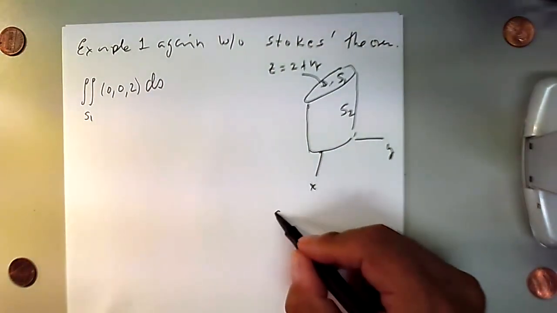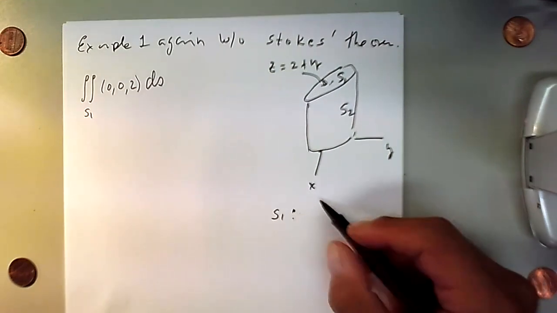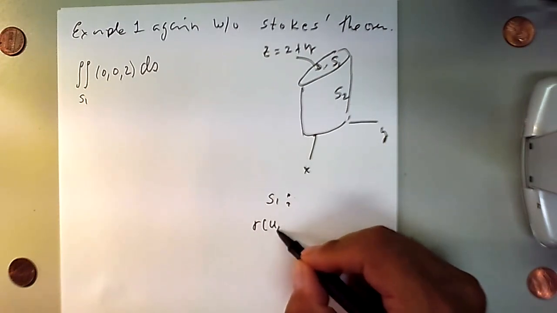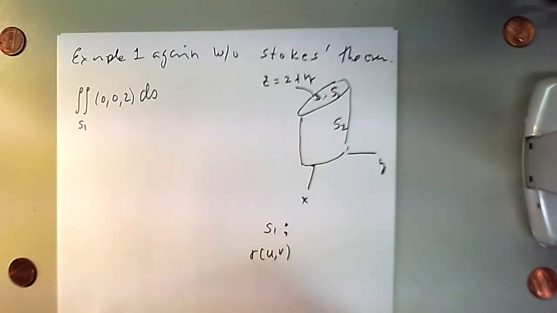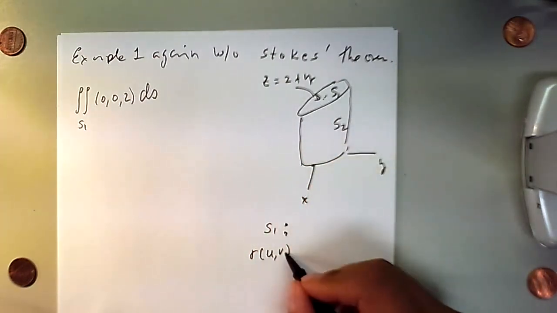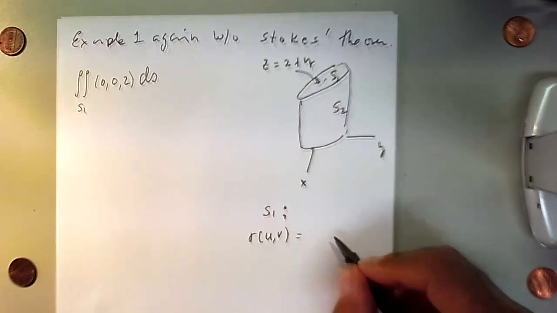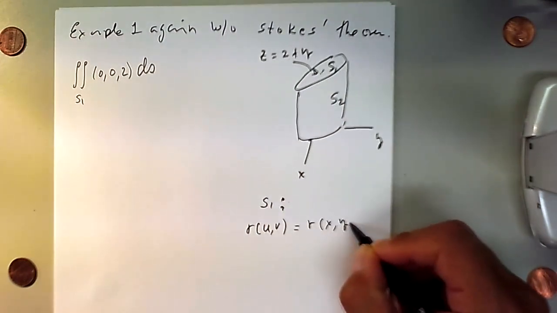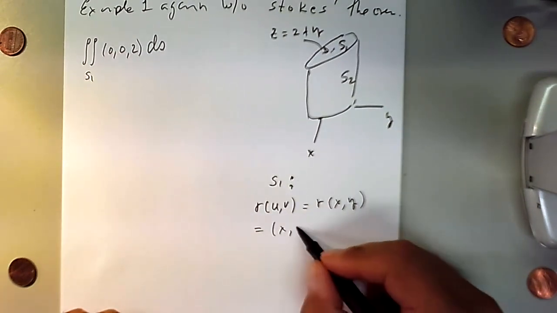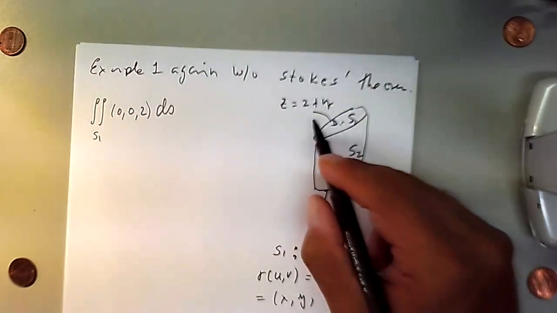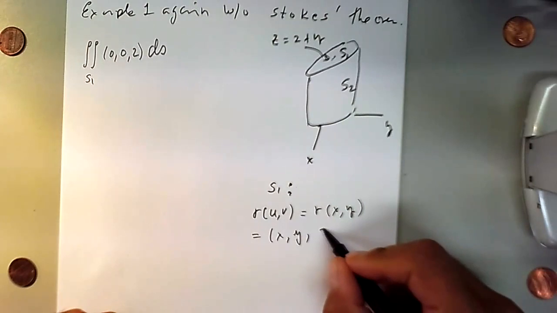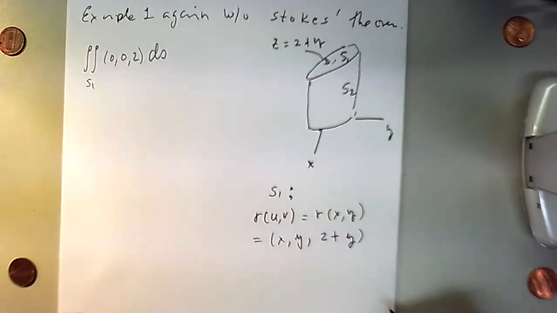So the way we can parameterize S1, we're going to use r of u v, and I think it will be easier if we use x and y, rather a trivial parametrization. So put x where x goes, put y where y goes, and then z is equal to 2 plus y. There we go.